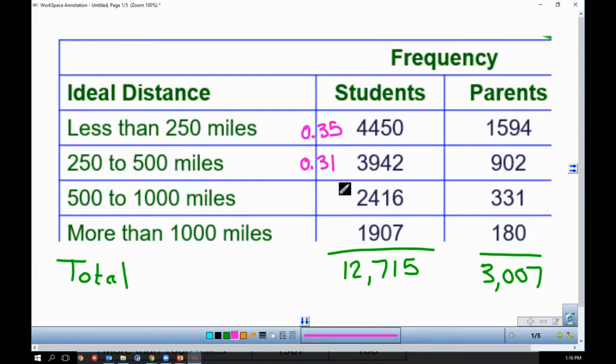The next one? 0.19. And then the last one for the students. 0.15, that's right.